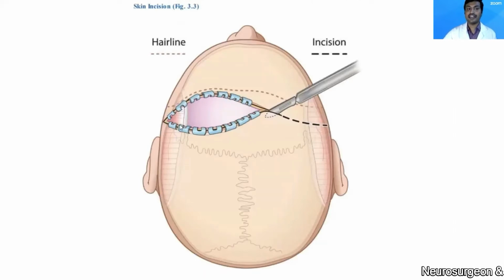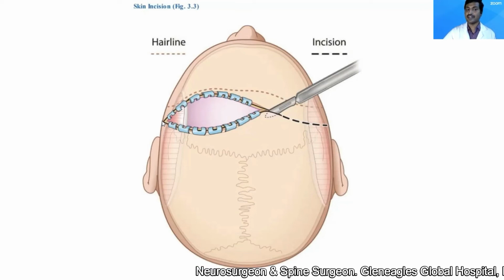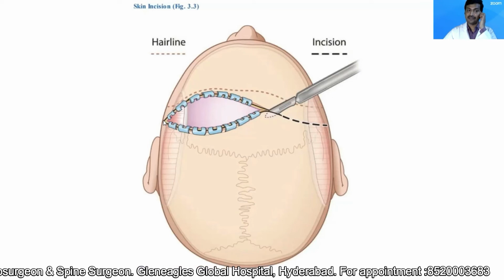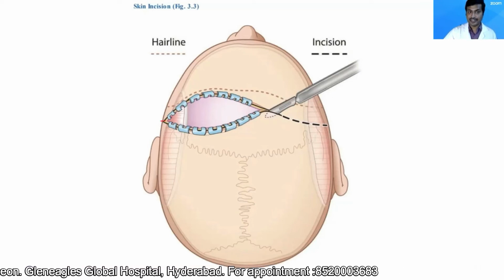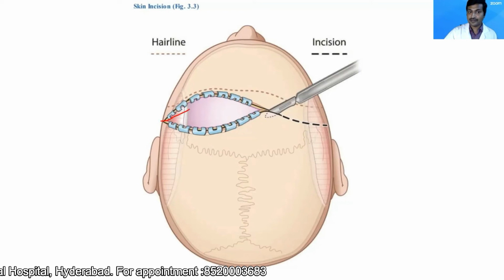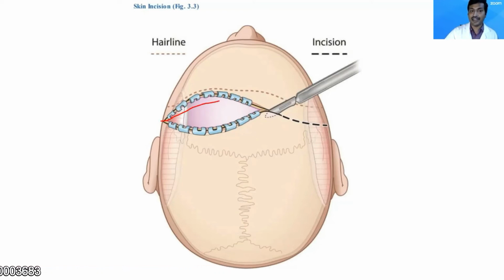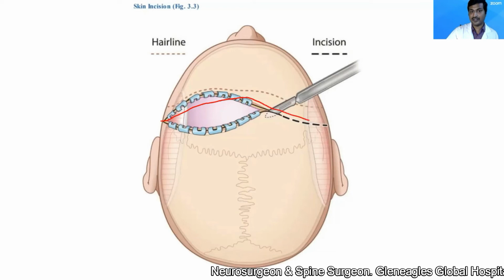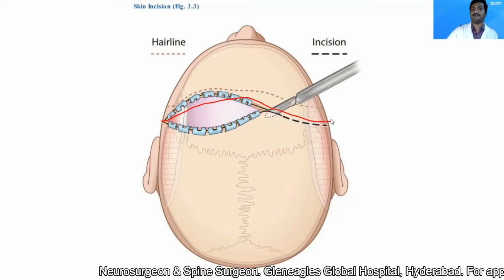We take a bicoronal skin incision. The skin incision starts from the zygomatic arch on one side, at least 1 centimeter in front of the tragus. Then it goes along just behind the hairline, reaches the midline, and then mirrors back to the opposite side.